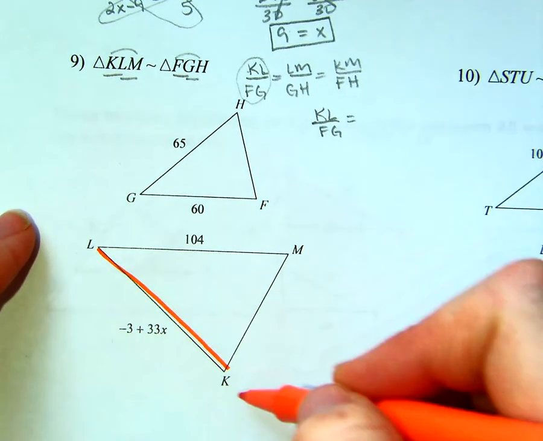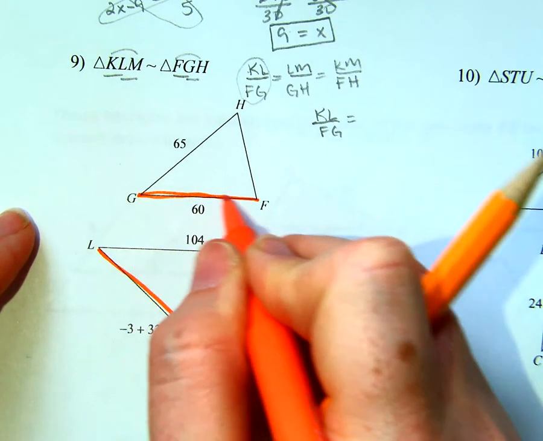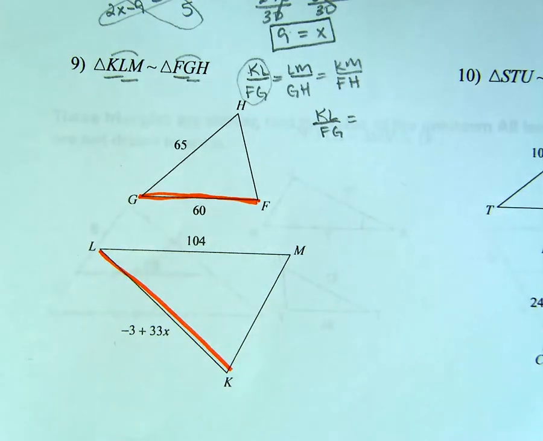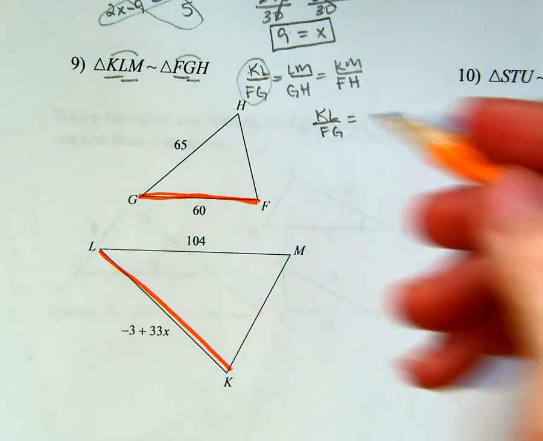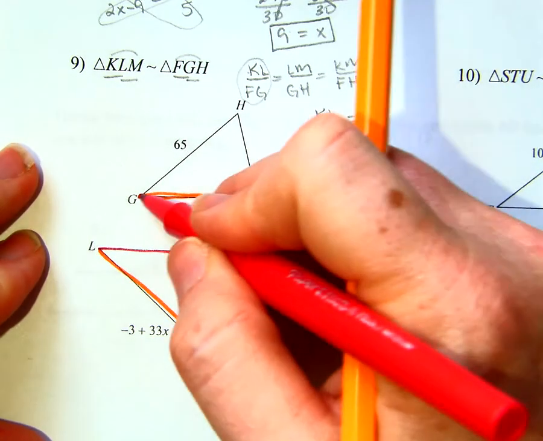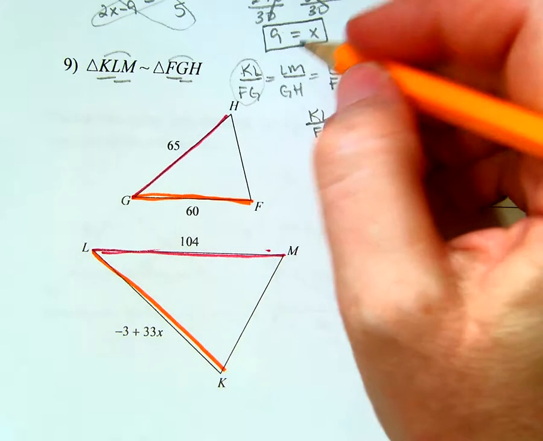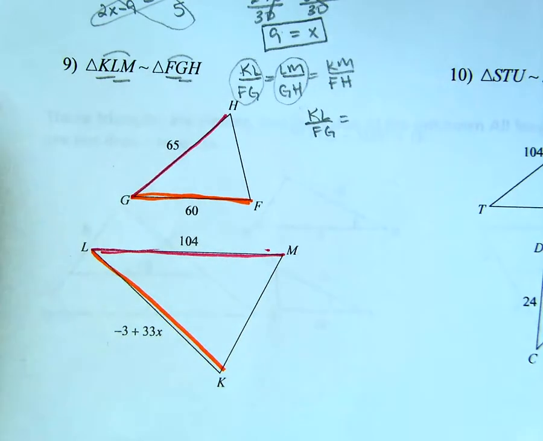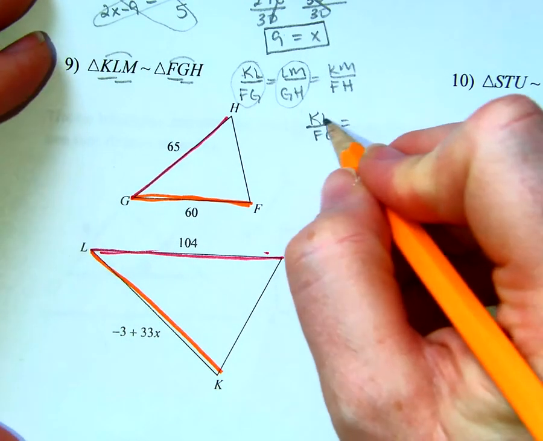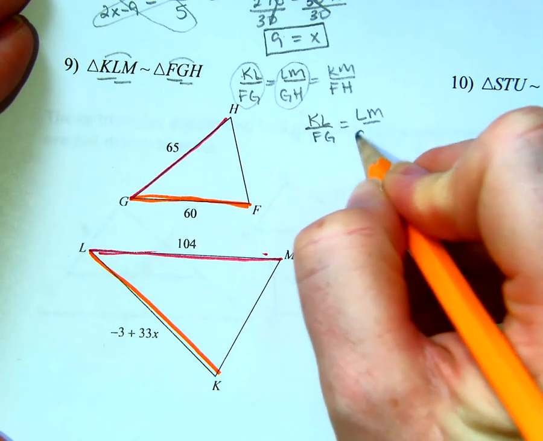All right, so KL is going to correspond to FG. So those two sides are going to correspond. And then I'm looking at LM and GH. So that's this proportion right here. So we would say KL is to FG as LM is to GH.